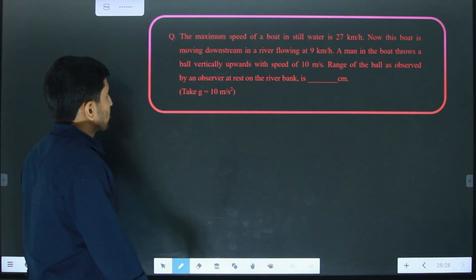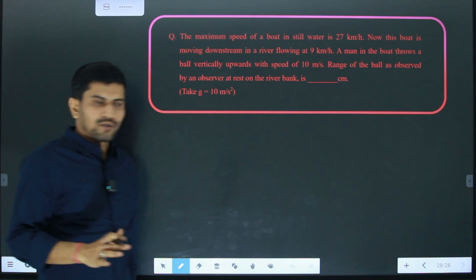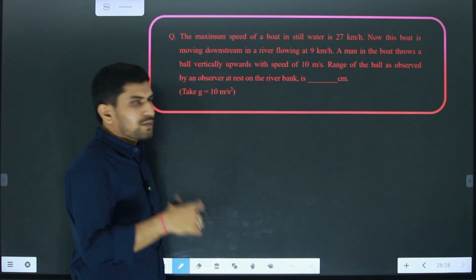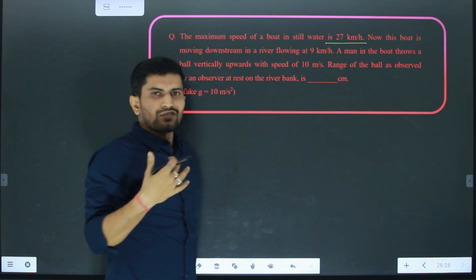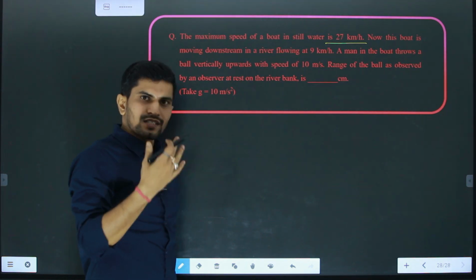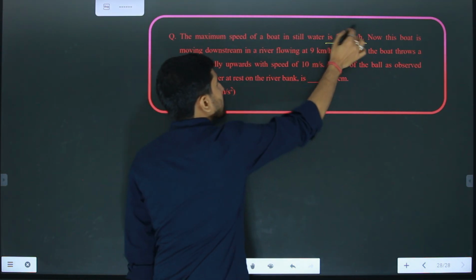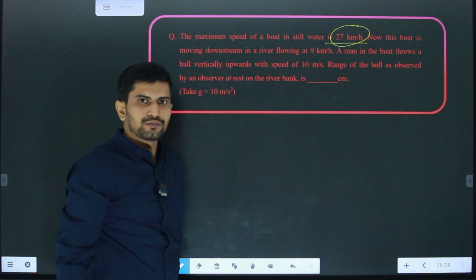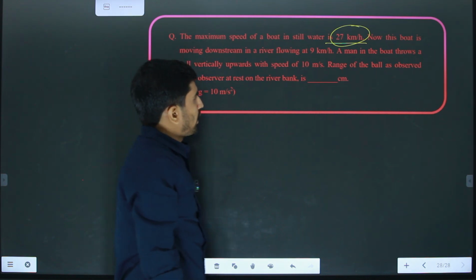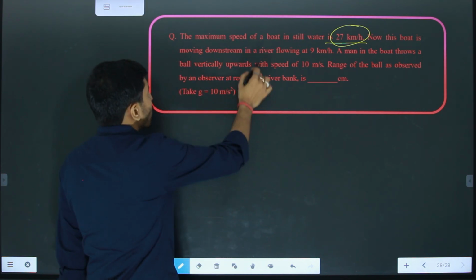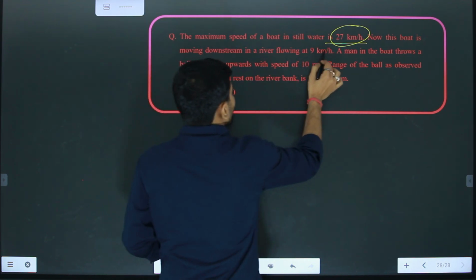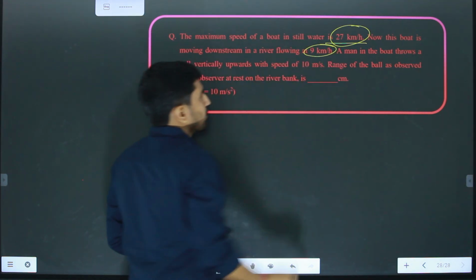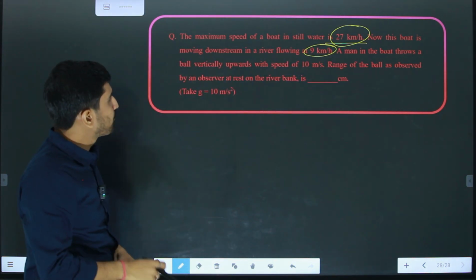Let's read the question. So according to the description given in the question, there is a boat. Its speed in still water, in still water means when water is not moving, the maximum speed of the boat can be 27 km per hour. Now this boat is moving downstream. Downstream means along the stream, and the stream is flowing at a speed of 9 km per hour.